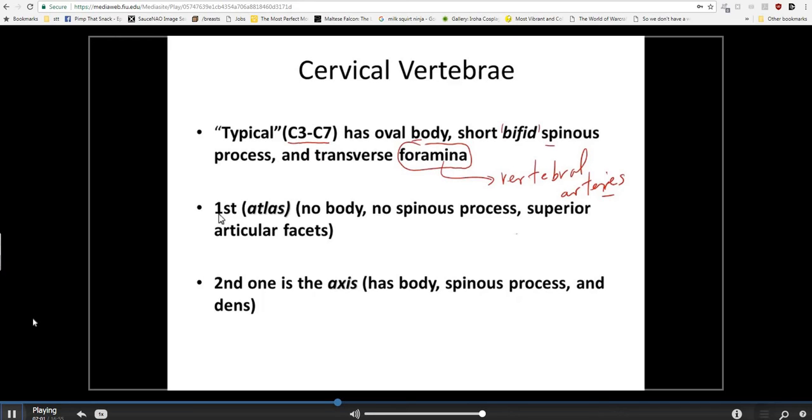Your first cervical vertebra is your atlas, and the second one is your axis. The atlas has no body and no spinous process, and the superior articular facets articulate with the skull. The second cervical vertebra is the axis. It has a body, a spinous process, and a dens, which they also call the odontoid process.